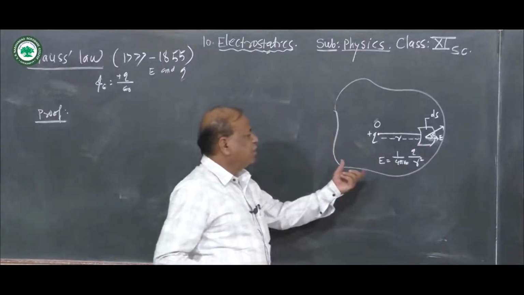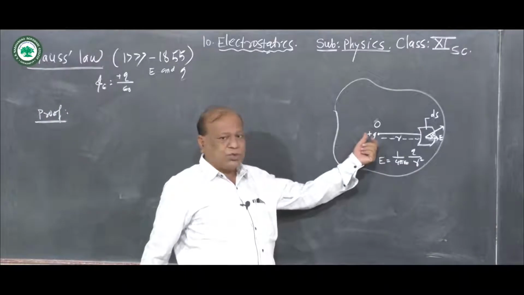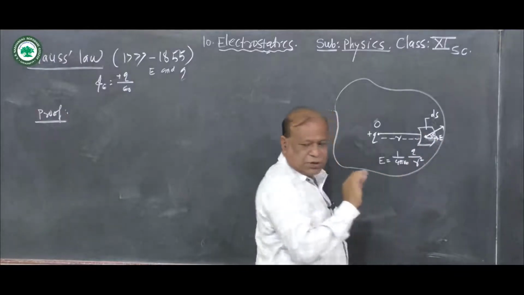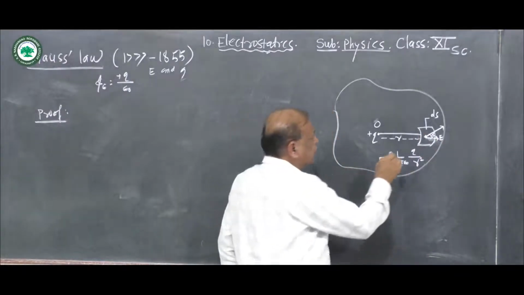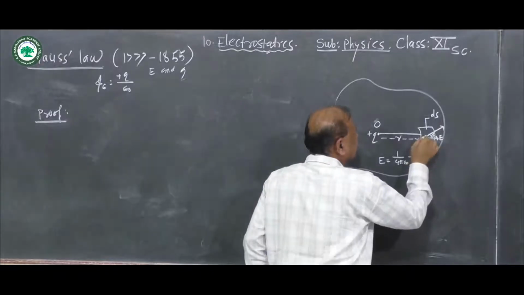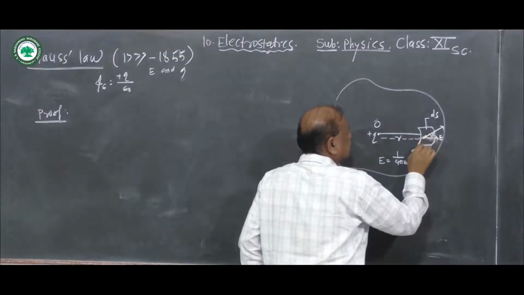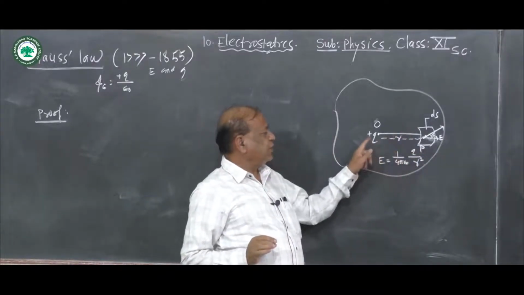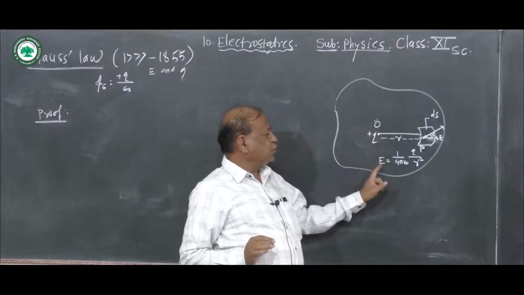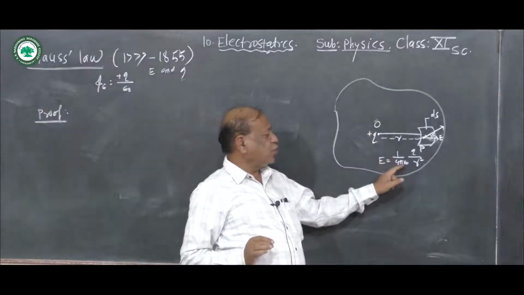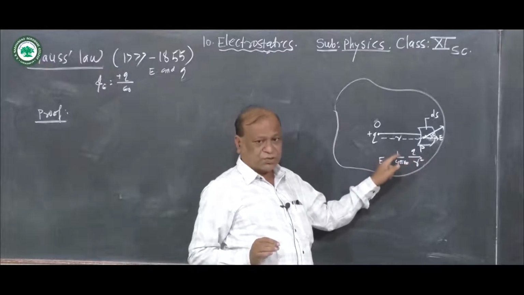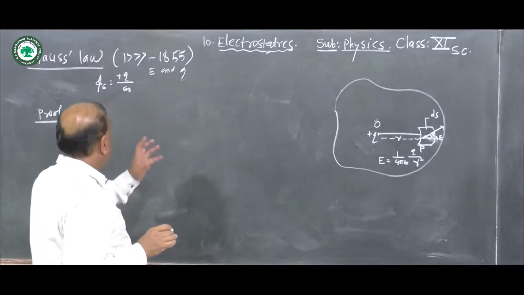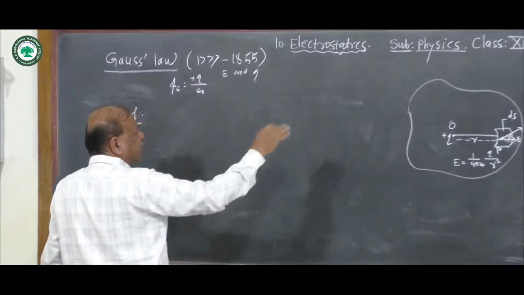This is the electric field intensity due to a point charge. For simplicity we consider the point P here. Now at point P, electric field due to charge Q is E equals 1 upon 4 pi epsilon 0 Q upon R square. Already we obtained this equation, and now write the explanation of that figure.